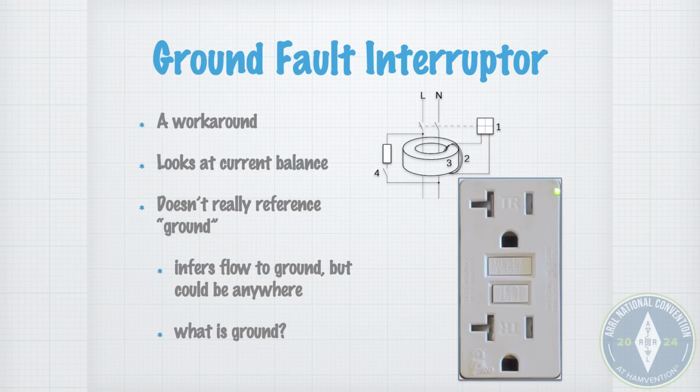They wrap another winding around that toroid to siphon off a little bit of whatever might be there. If they see a voltage develop on that secondary winding, they say, oh, something's wrong, and then it goes pop. So what it's looking at is imbalance. All it can say is some of the current went somewhere else that wasn't in the middle of this toroid, so I'm a little alarmed about that, and I'll pop the breaker.